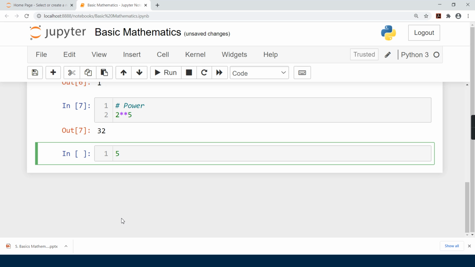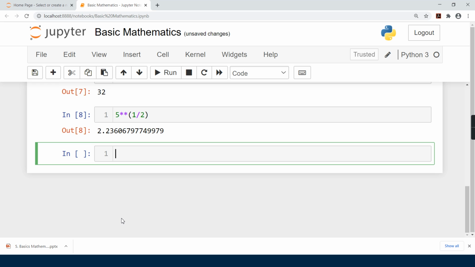So 5, double asterisk, and since it is the square root, we know it is 1 divided by 2, or you can also mention it as 0.5. It's up to you, but Python will understand what exactly we want. So we know the square root of 5 is 2.23, so we get this particular value to many decimal places.